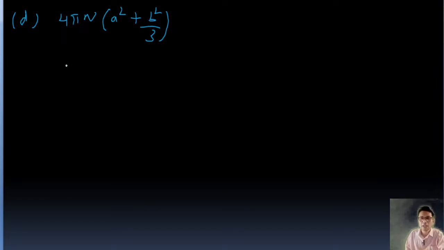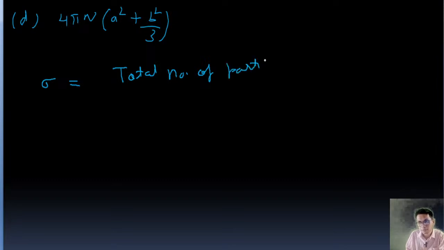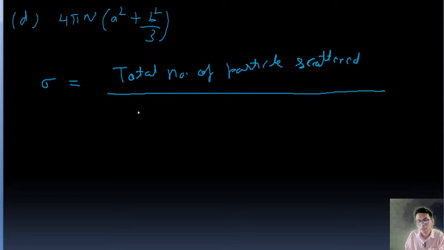So here, first, I already explained that the sigma value is the total number of particles scattered per unit time, upon the incident flux. I have already explained this earlier. So this is sigma.